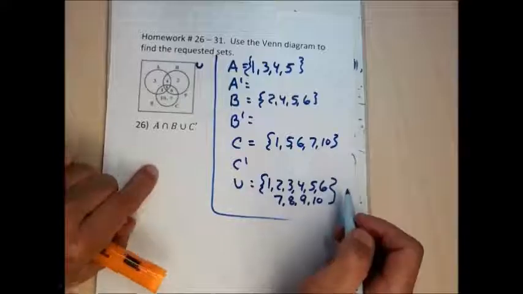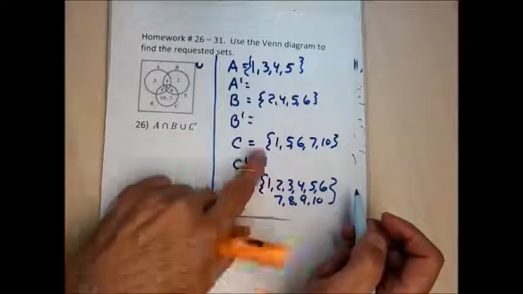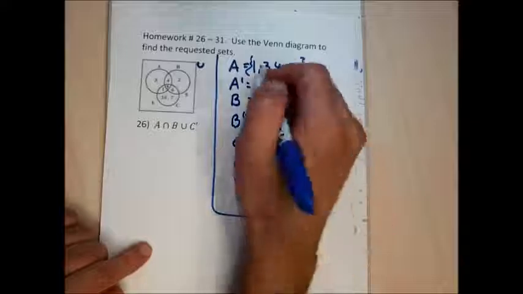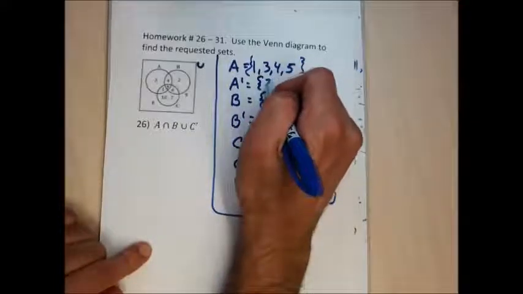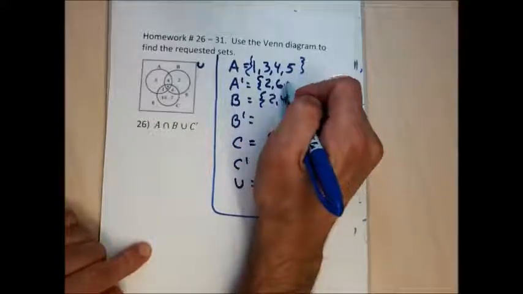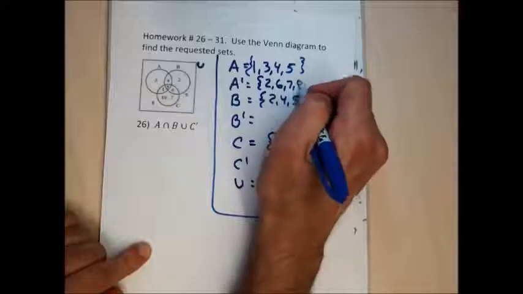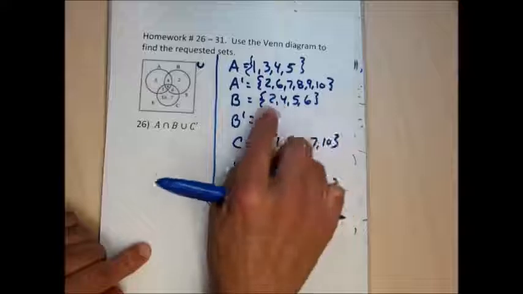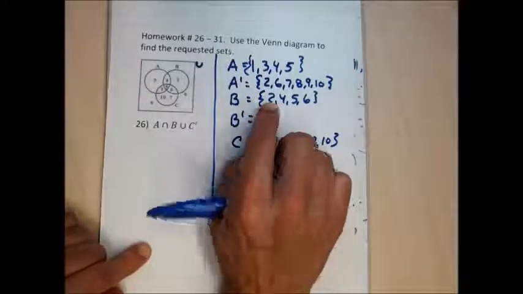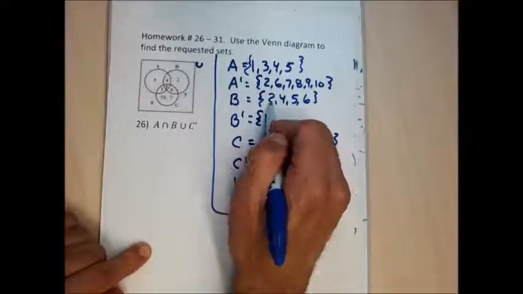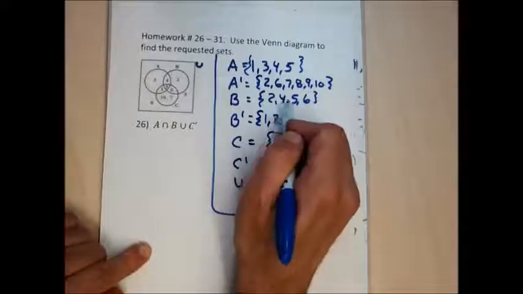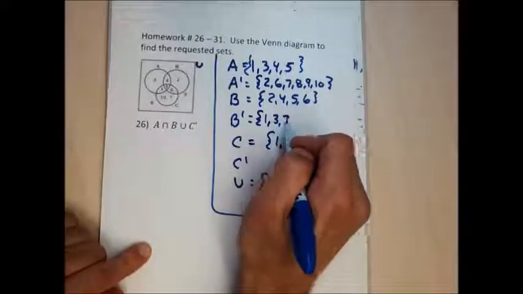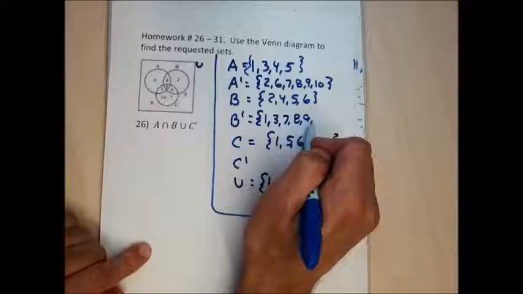To do the complements, I'm going to write any number between 1 and 10 that's not in the set. So for A complement, I'm going to get a 2 and then a 6 through 10. Those are all the numbers between 1 and 10 that aren't already in the set that we're complementing. For B complement, I'm going to have 1, not going to have 2, it's going to have 3, it's not going to have 4, 5, and 6, and it's going to have 7, 8, 9, and 10.